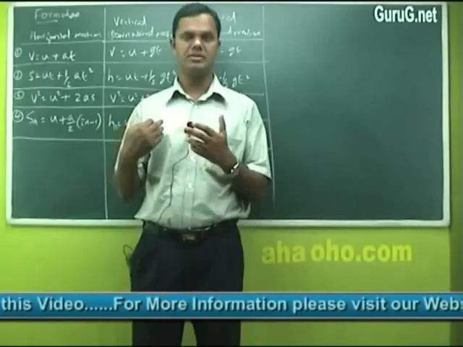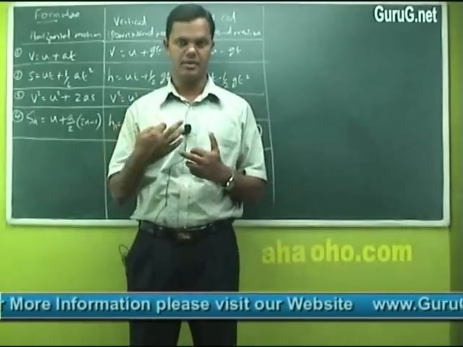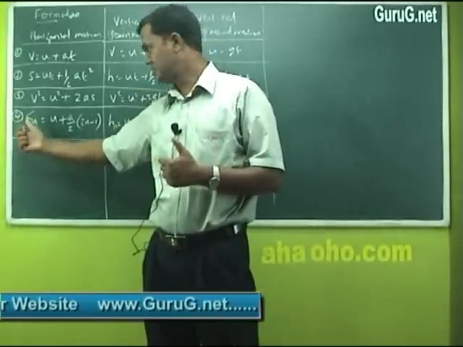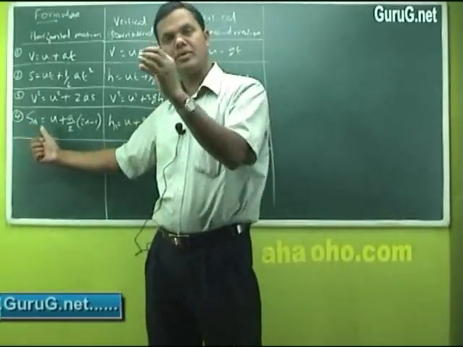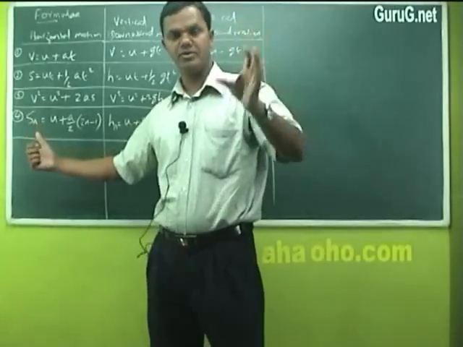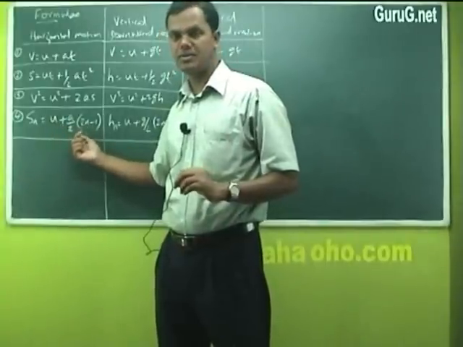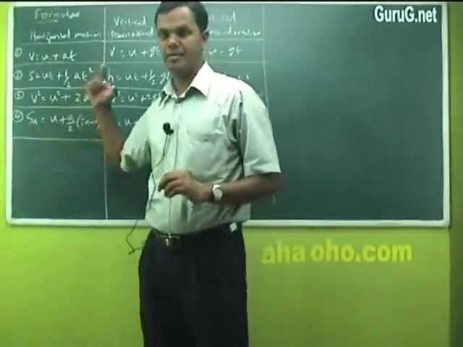That type of difference for a moving particle can be calculated with this formula, that is S nth, the displacement at the nth second. That means n can be anything: 4 seconds, 5 seconds, 10 seconds, or 100, whatever it is. So it is based on that particular value of n.